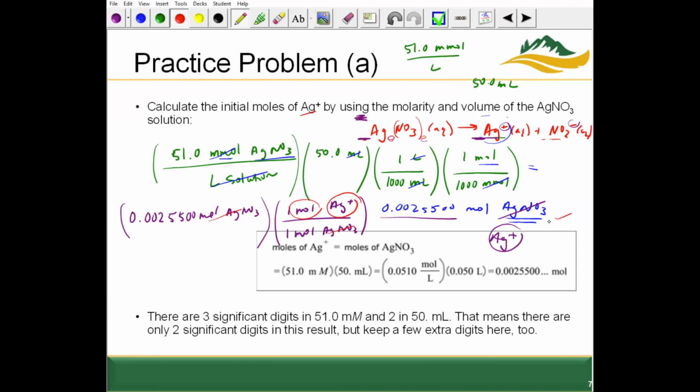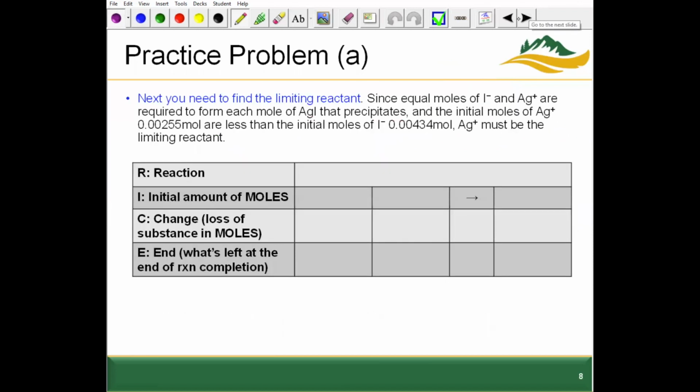Now in solving these problems, I did also bring up using a RICE table at one point. So we can also practice solving this using that RICE table, where R is for reaction, I is for initial amount of moles, C for the change or the loss in moles, and E at the end also in moles.